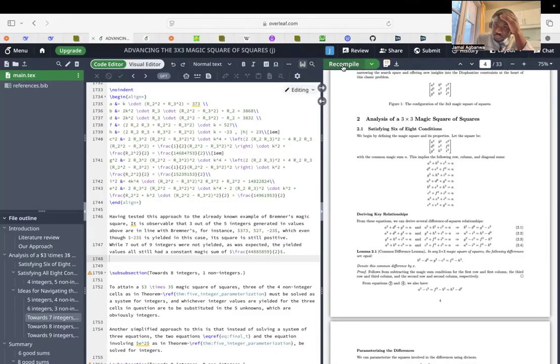Based on the expert feedback I received exactly a week ago, I've made certain improvements in my paper, and I think I've been able to improve it to a certain point.